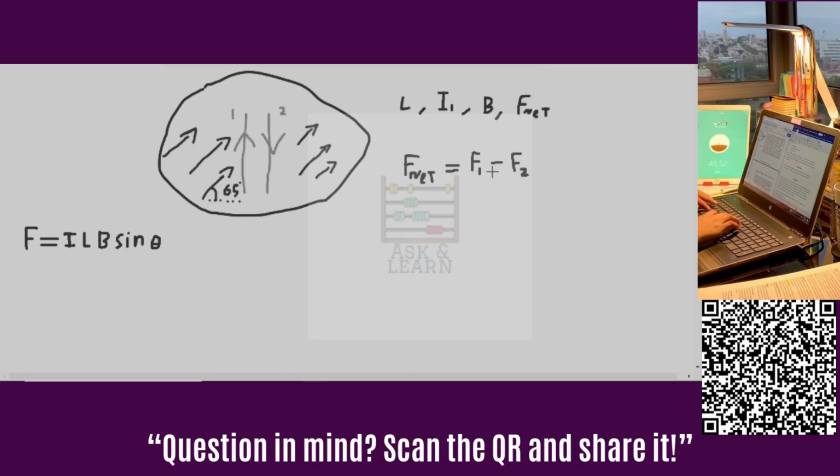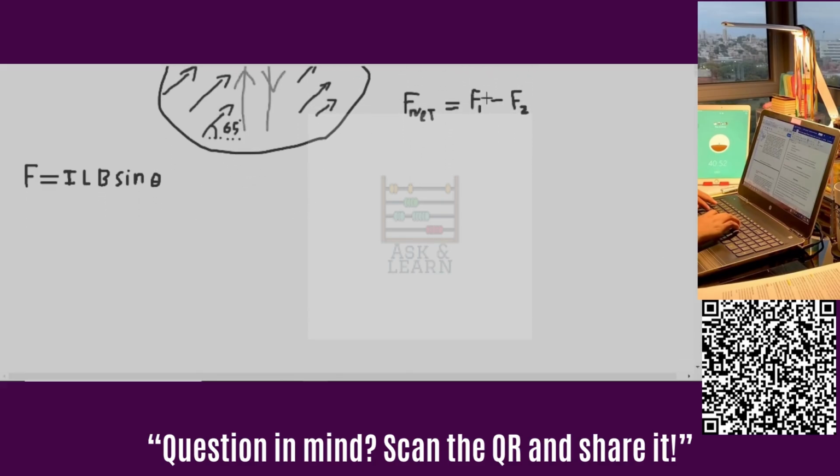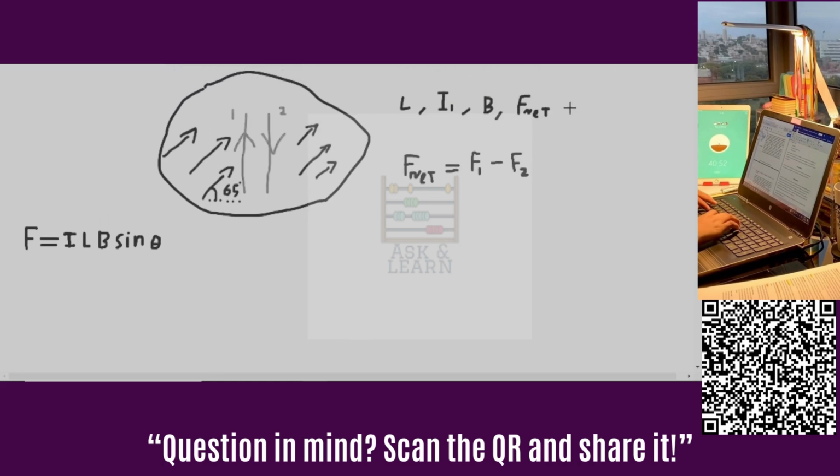That also means that we're going to have to use two different equations to get what we're looking for. So what we want in this case is the current in the second wire. So we want I2. That's what we're trying to find.